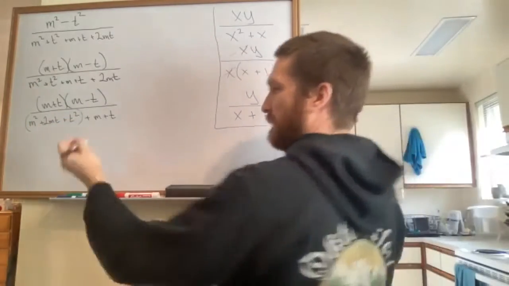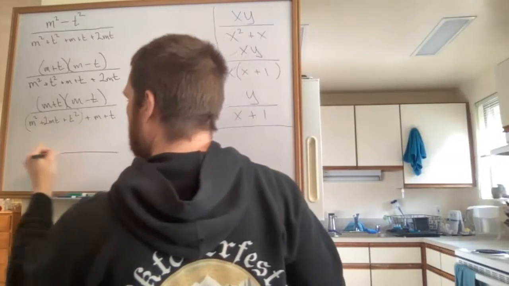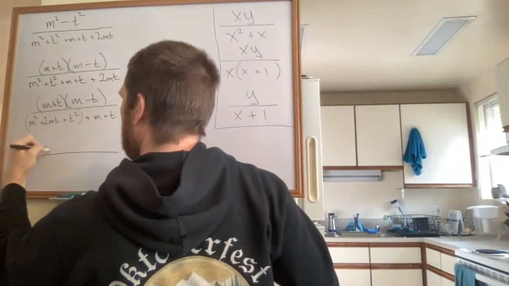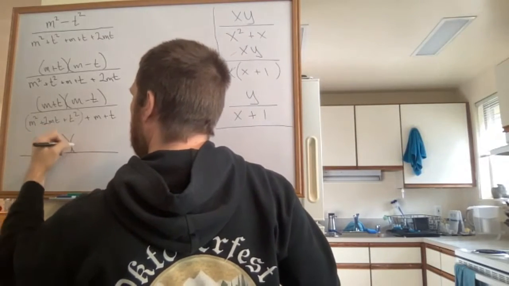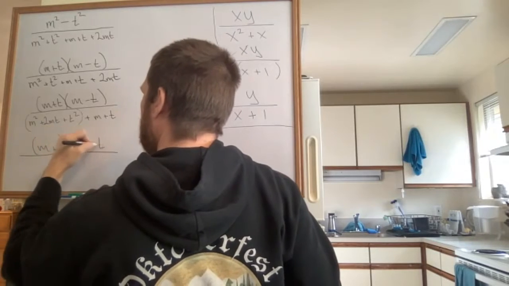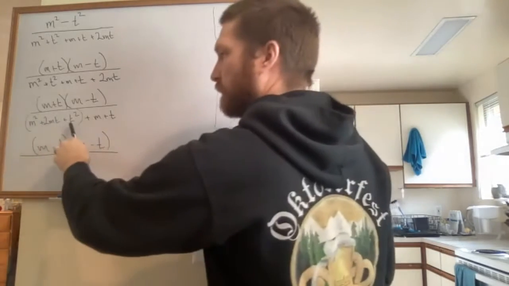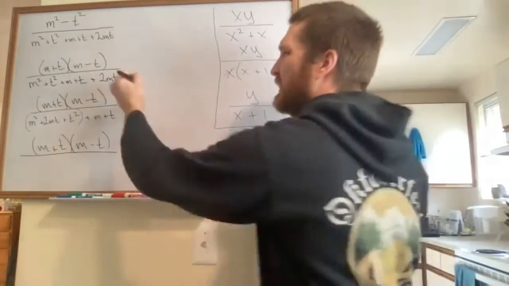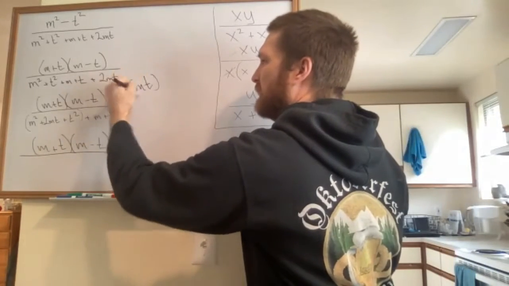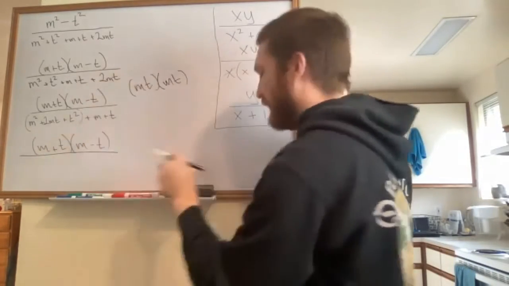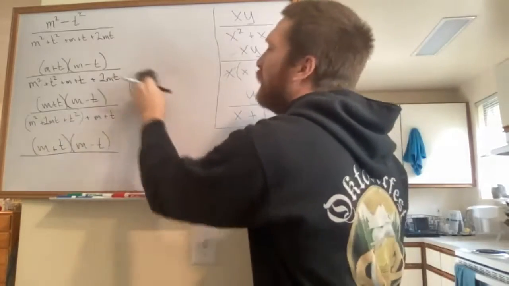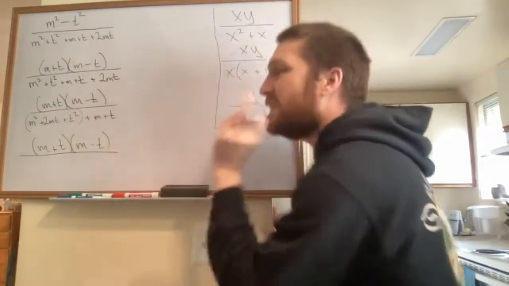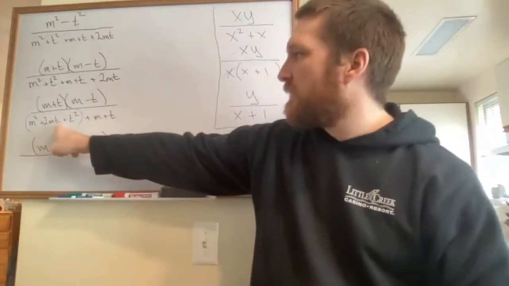Into what? M plus T times M plus T, right? Because I noticed that that is a perfect square.